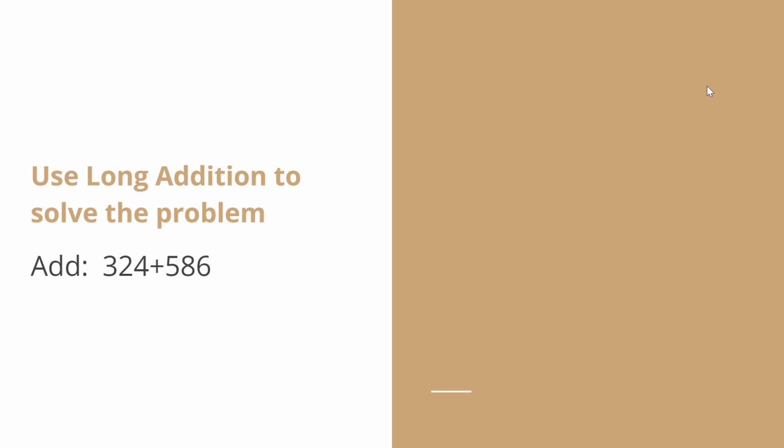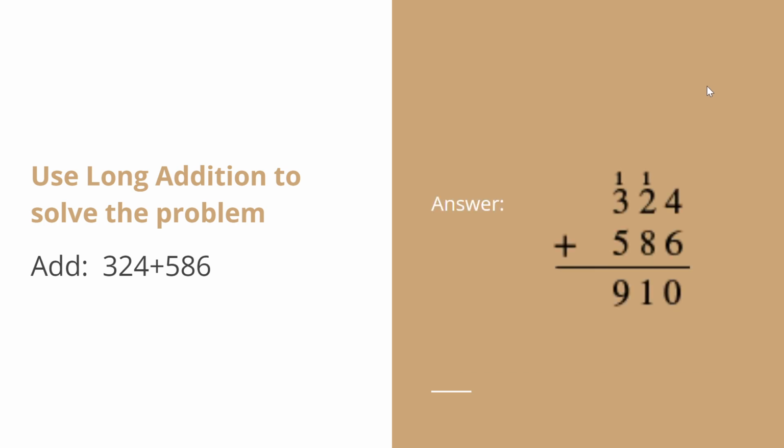Okay, time's up. The answer of 324 plus 586 is 910. Here 4 plus 6 is 10, so we write 0 in the bottom and 1 in the top. 2 plus 8 is 10, plus 1, so it's 11. So we write 1 in the bottom and 1 in the top. 3 plus 5 is 8, so 8 plus 1 is 9.